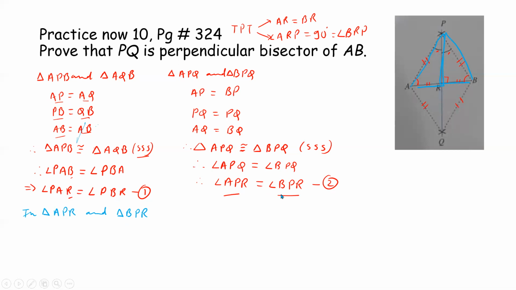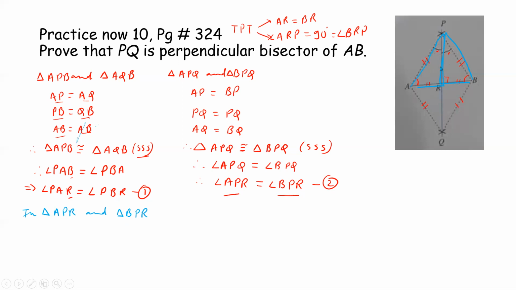And angle APR is equal to angle BPR from equation 2, which is this and this here. And then they have one common side, so PR is equal to PR. And then you can say by the angle side property, these two triangles are congruent.